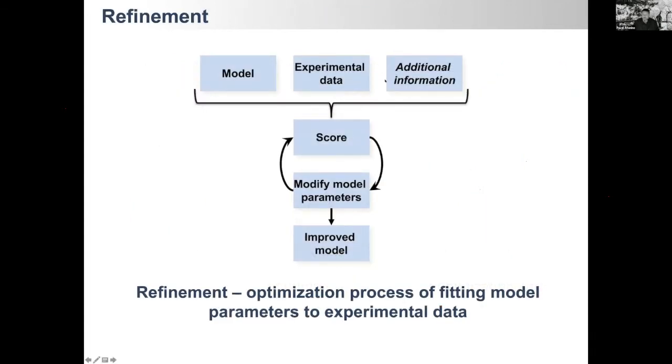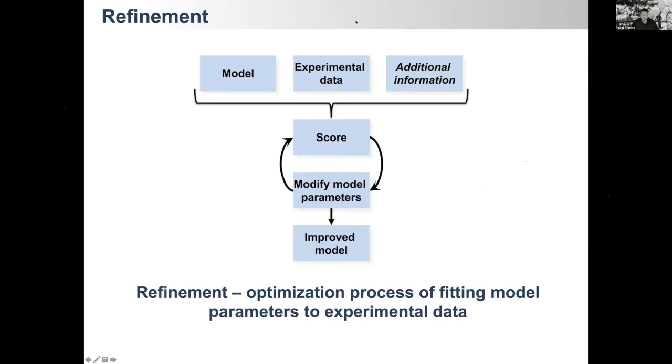Okay, so just to summarize, we basically went through all the steps of refinement, and just to recap again. The model is not just your atomic model, but keep in mind, in crystallography at least, the model is always your atomic model plus bulk solvent. That's totally critical to think about this way. So the bulk solvent is important. It's half of your scattering contribution. Experimental data, that's what comes from experiment.